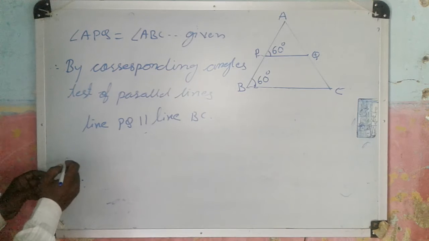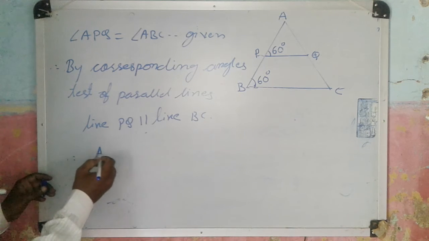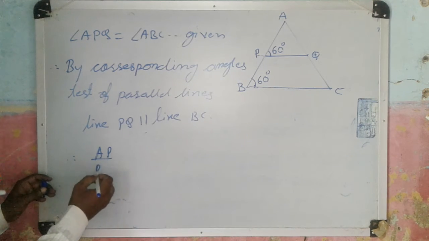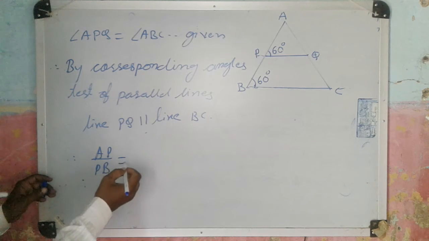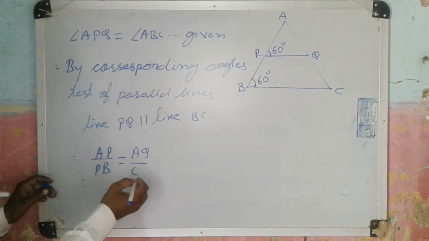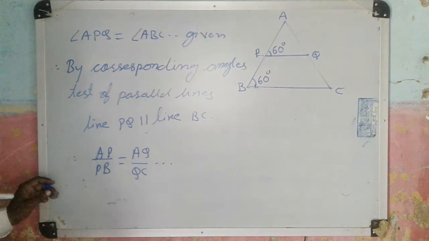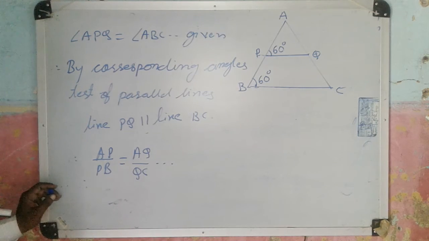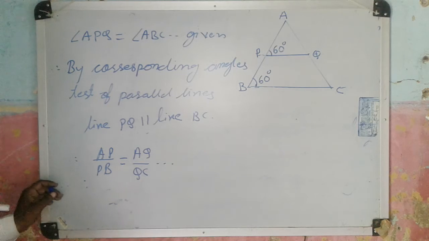And therefore, AP upon PB is equal to AQ upon QC by basic proportionality theorem.